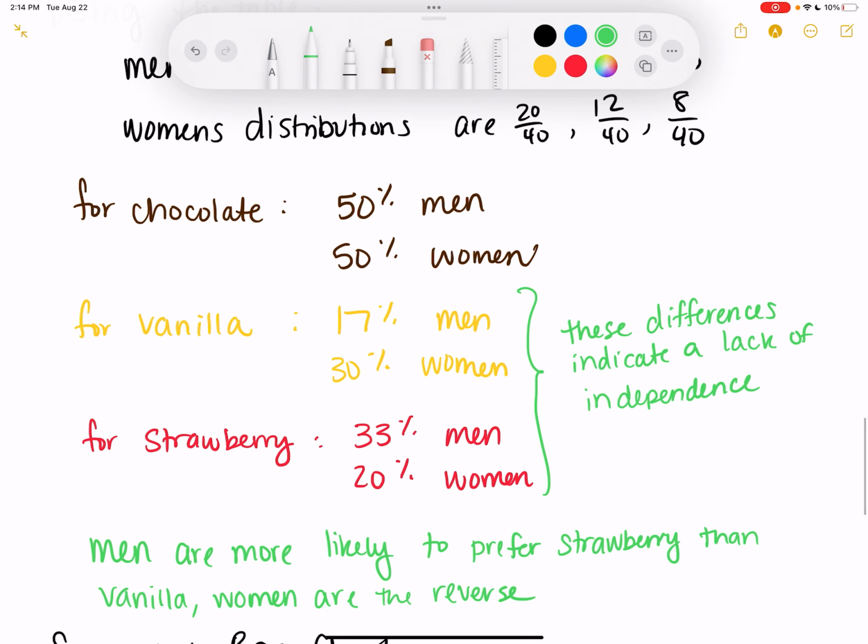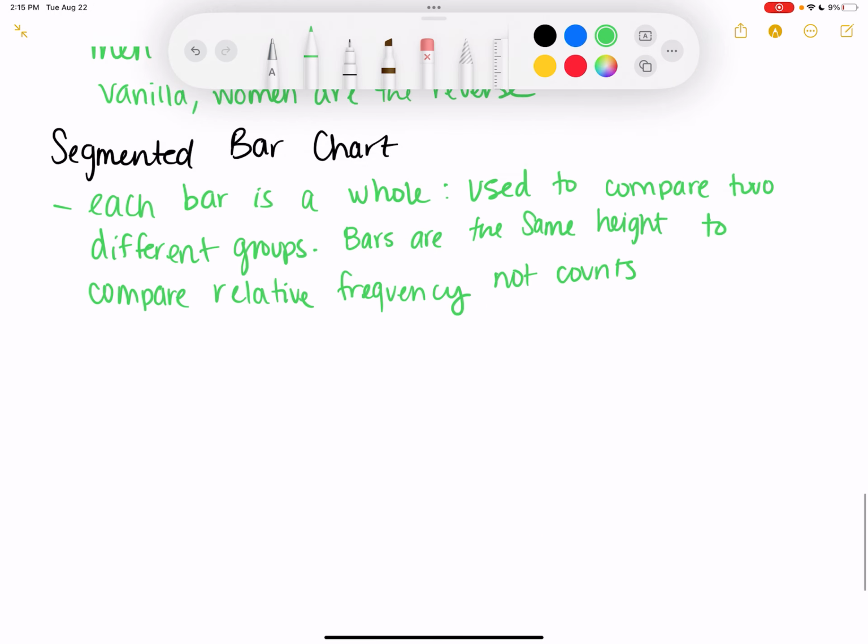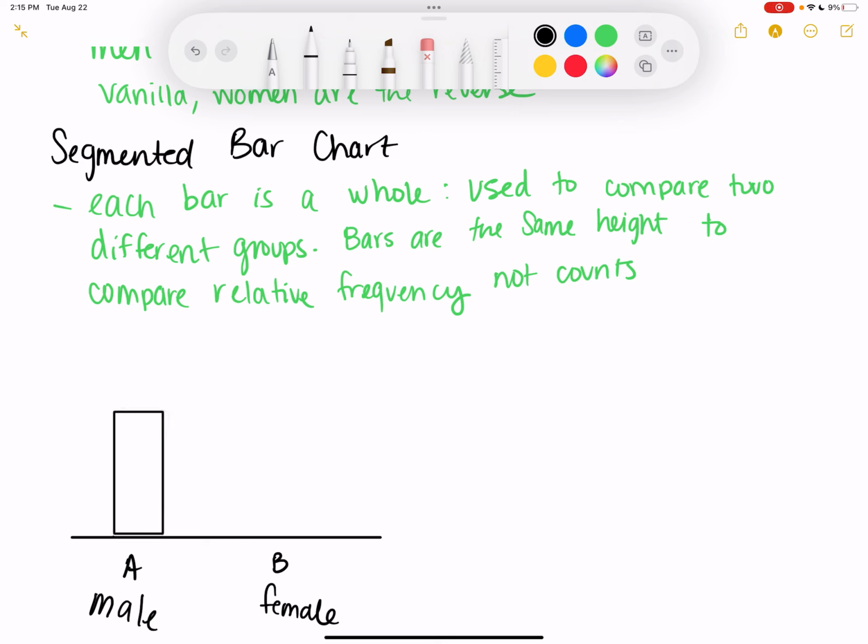So if you added up these percentages up here, for men it adds up to 100%. For women they add up to 100%. So 1 bar is going to make the whole. So we're going to have bar A and bar B. Not like the movie. How many lines would I need for this? However big you want to make your graph. Do you think 4 or 5 lines would be enough? Oh yeah. Alright, so as close as I can get them, those are the same height.